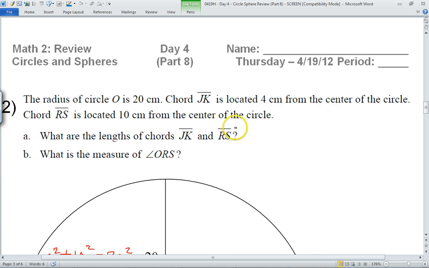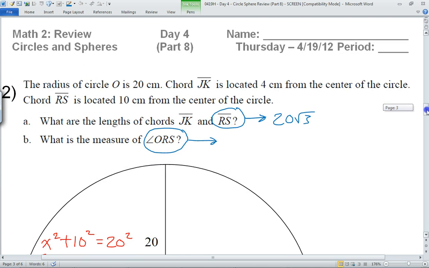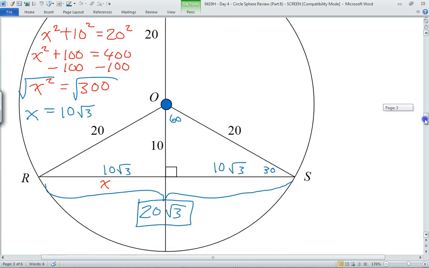Okay, so we're supposed to find RS, and we just found that that was 20 radical 3. We're also supposed to find the measure of angle ORS. I might have just done that by accident.